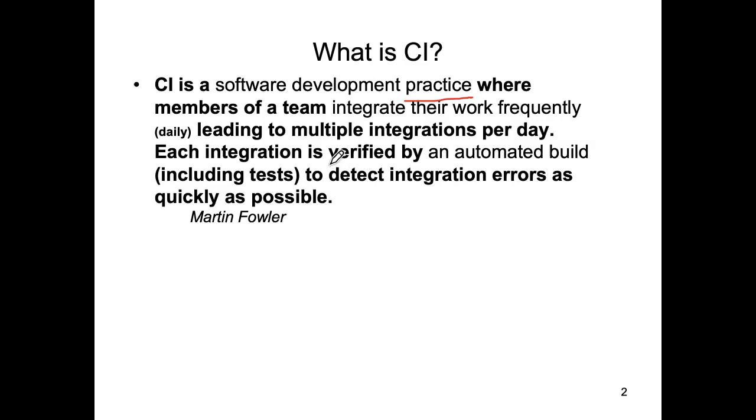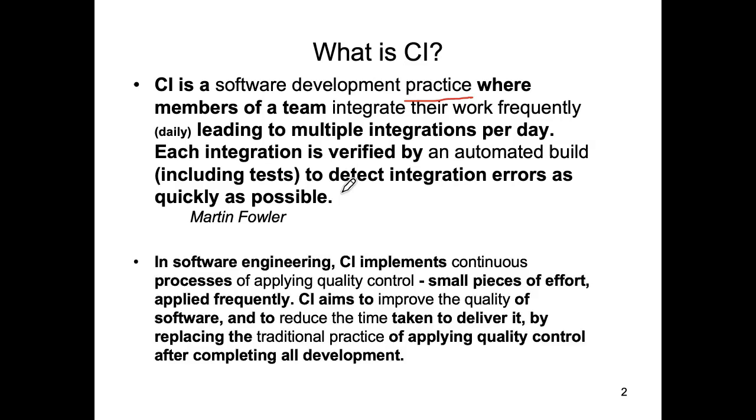And the whole point of doing this integration and automated build continuously is obviously to detect any errors as quickly as possible, because the sooner you detect an error, the cheaper it is to debug it and remove it. Another definition focuses on what the whole point of this is: to try and ensure the quality of the software that you're producing.